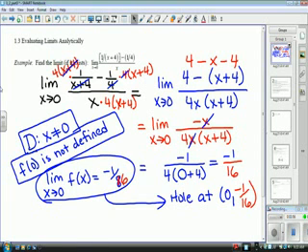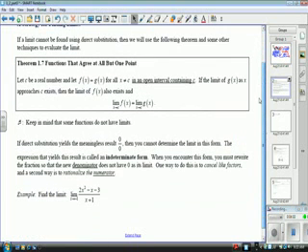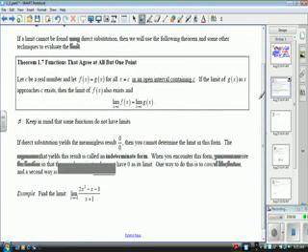Now, one of the things that's in your notes, and our book even mentions this, there's this theorem that says functions that agree at all but one point. If you'll flip back a page or two.